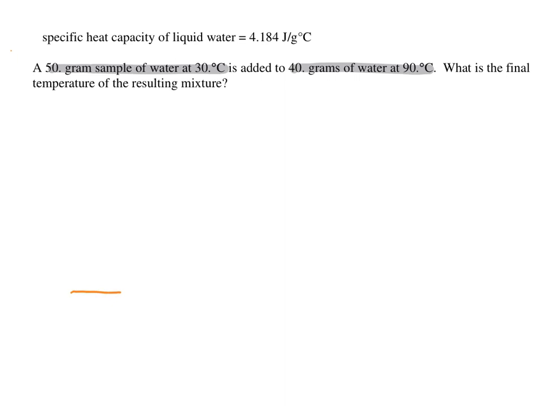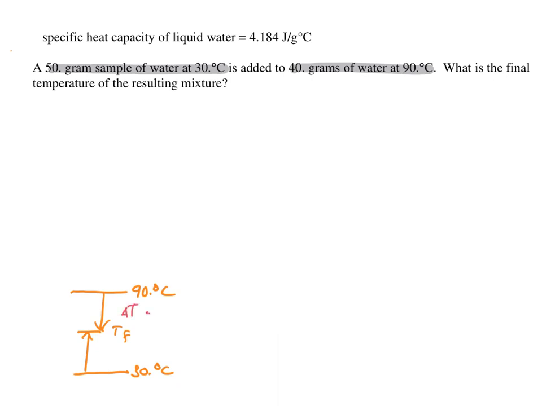So I'm going to put a little diagram down here to keep my thinking straight. We start with one temperature bath at 90 degrees C, another temperature bath at 30 degrees C. And our task is to determine what the final temperature is. Now we recognize that there's two changes of temperature.